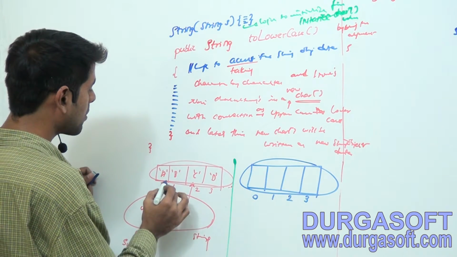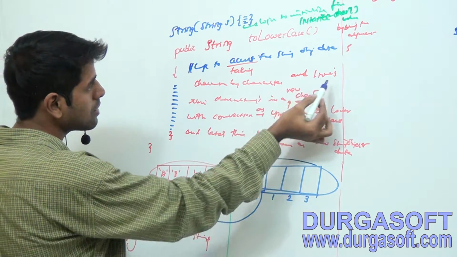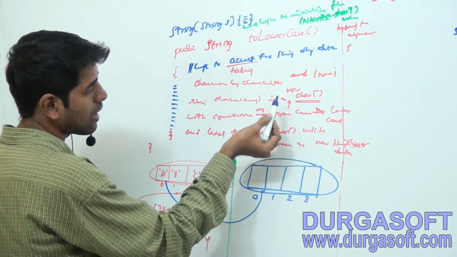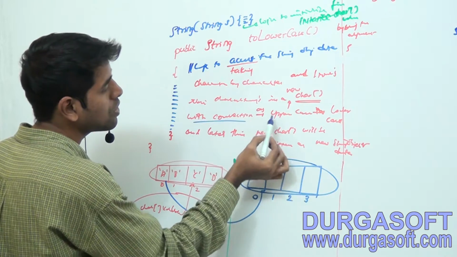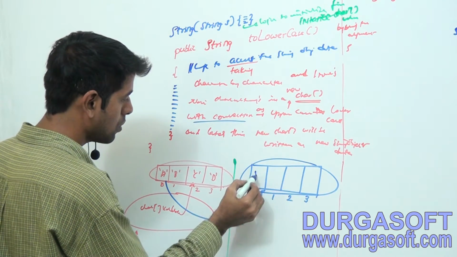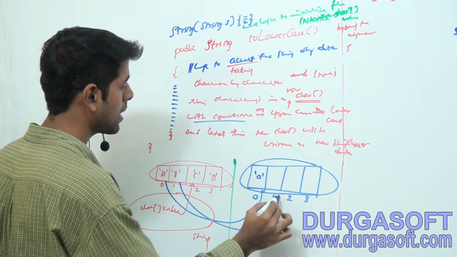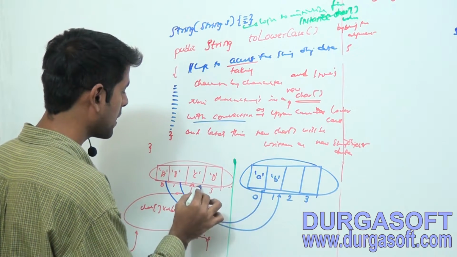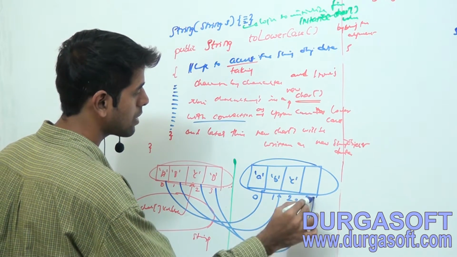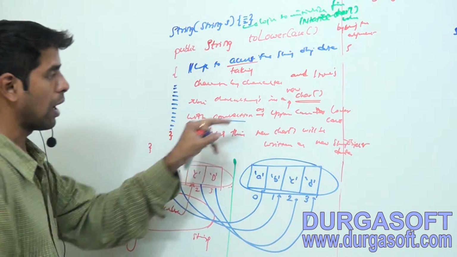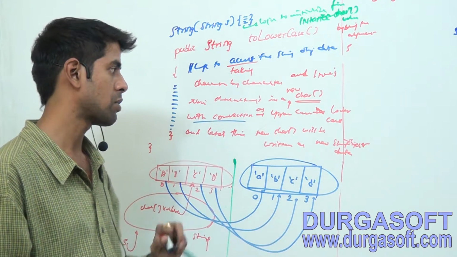Accessing character by character, and storing these characters in a new char array with conversion as uppercase to lowercase, character by character, and with conversion as what, friends? Uppercase to lower case. I hope you get this one.